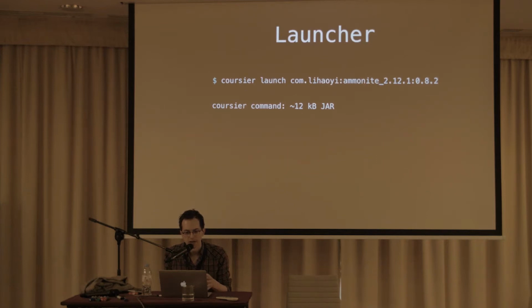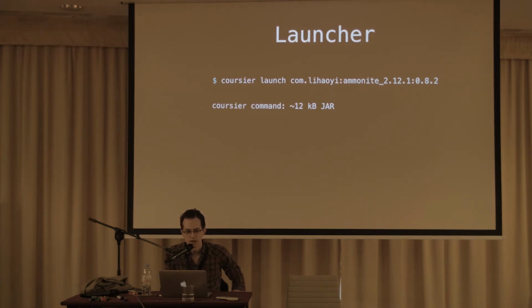This launcher has a command called launch here, and with it we can launch applications from their Maven coordinates. That is, here, for example, we launch the dependency com.lihaoyi Ammonite some version.